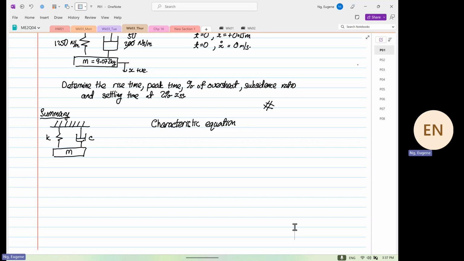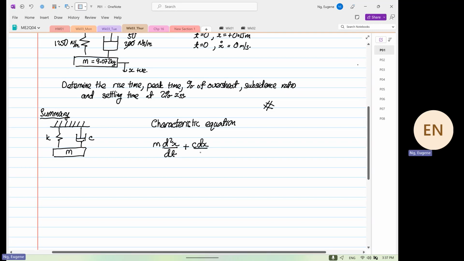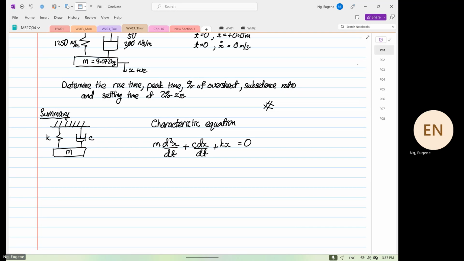Right? So the characteristic equation is this: m d squared x over dt squared plus c dx by dt plus kx is equal to 0. When it's equal to 0, we know that this is known as what?